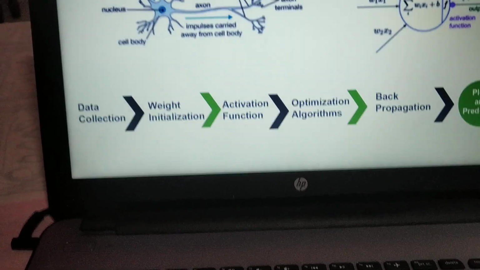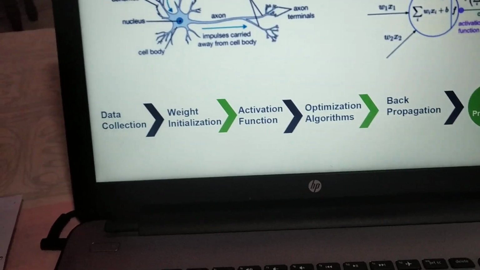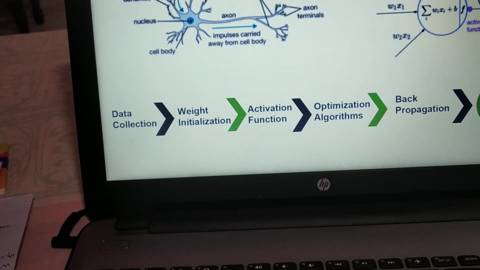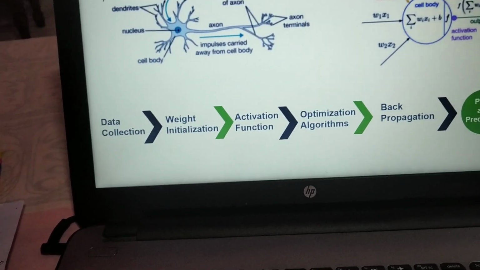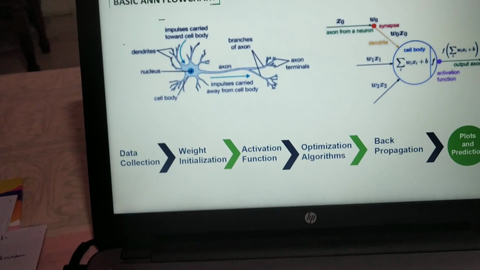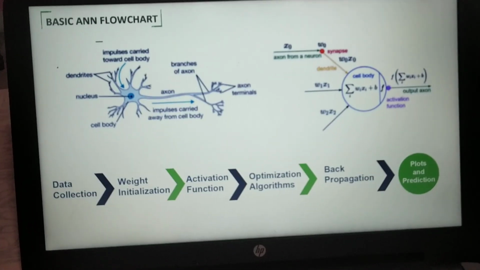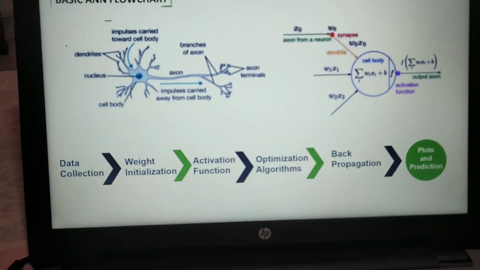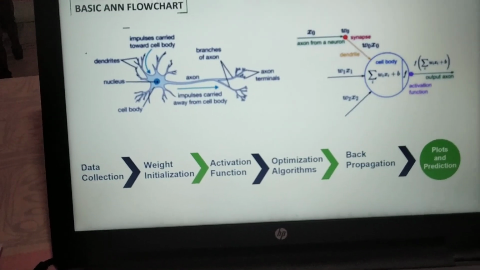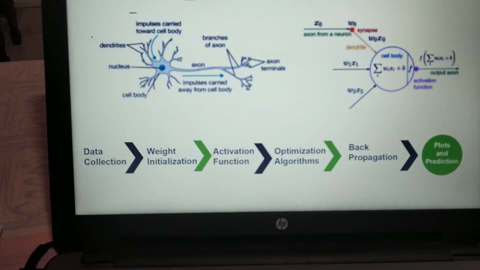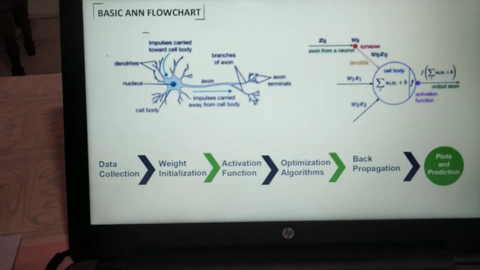Coming to the optimization algorithm, it is not always that a neural network is always true. Consider that since we have been existing, we were told by our parents that this is a cat. So we fitted the image of a cat into our mind. But there are various kinds of cats existing in the world.